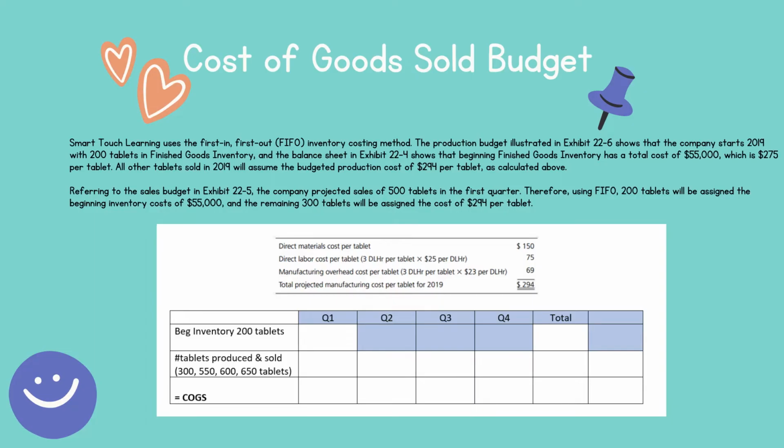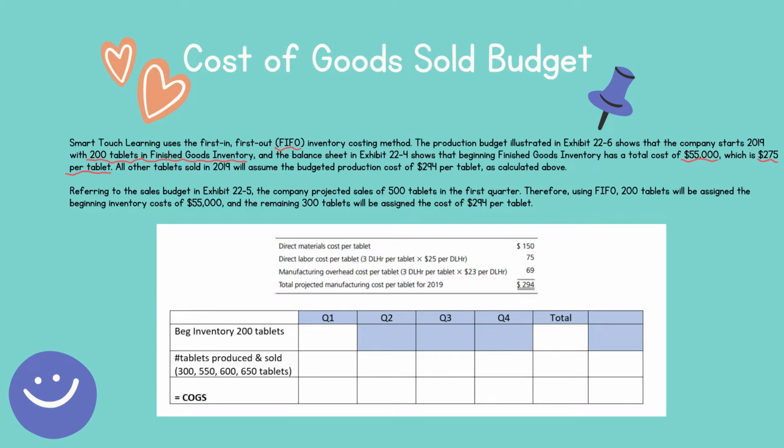Now let's prepare the cost of goods sold budget. Smart Touch Learning uses the first in, first out, FIFO, inventory costing method. So the first I purchase is the first I sell. So we sell the oldest first. The production budget illustrated in Exhibit 22.6 shows that the company starts 2019 with 200 tablets in finished goods inventory, and the balance sheet shows the beginning finished goods inventory has a total cost of $55,000, which is $275 per tablet.